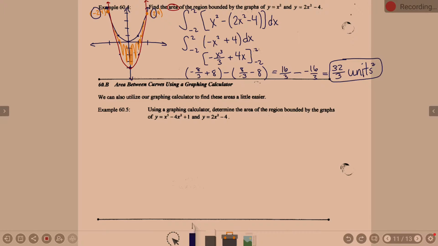So y equals x to the 5th minus 4x squared plus 1, and 2x squared minus 4. Zoom 6. I'm going to draw my graph here because I need something to point at and put all my information on.